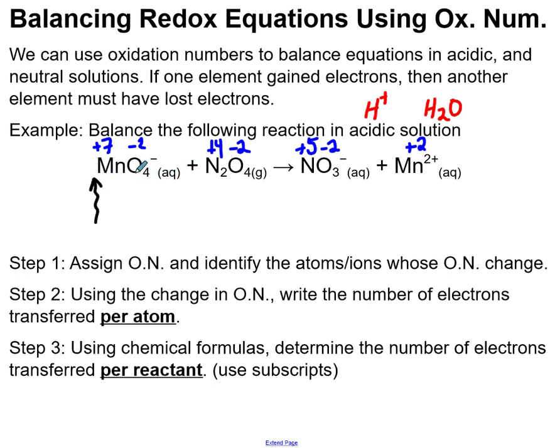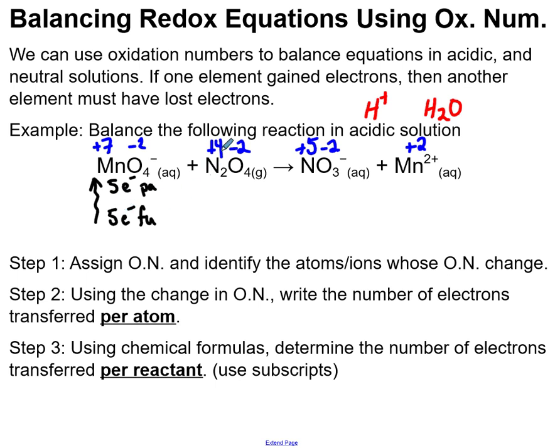How many electrons? 5 electrons per atom. Because there's only one manganese in the whole formula, 1 times 5 is 5 electrons in the formula unit. So the whole thing gains 5 electrons.